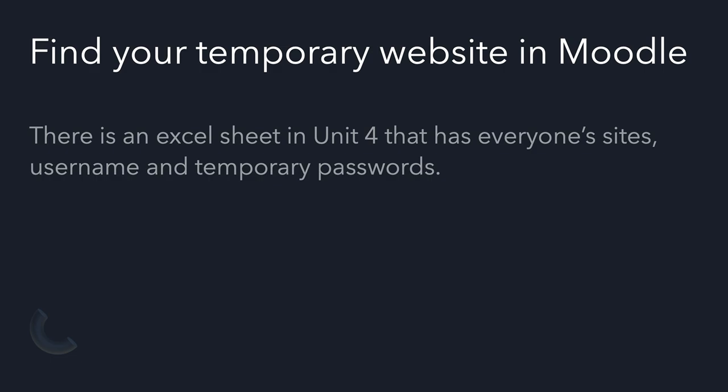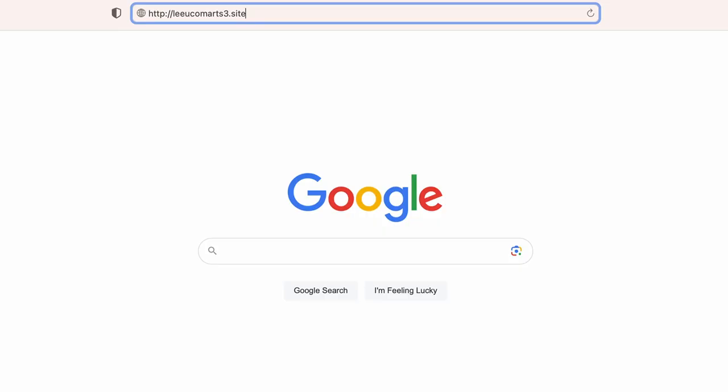If you click on that, you'll see the Excel sheet and you'll find your name, and you'll also find the URL, the username that I'm assigning you, and your temporary password. So what I'd like you to do next is go ahead and copy your URL and paste it into the address bar of a browser.